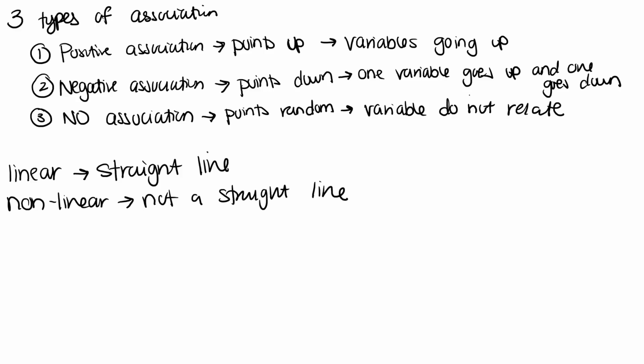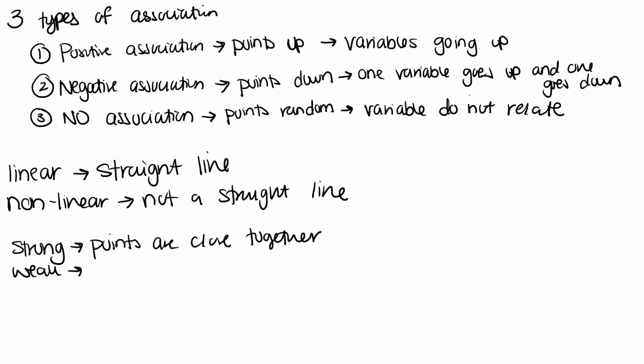We could say that a scatter plot is strong. That means that the points are close together. We could also say that the scatter plot is weak, meaning the points are far apart.